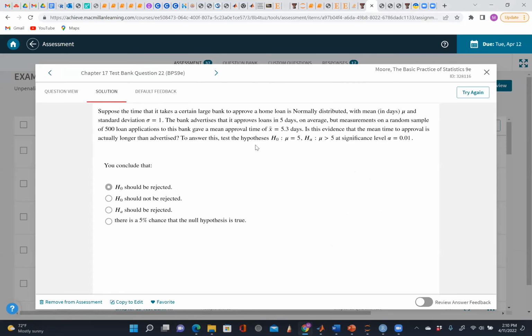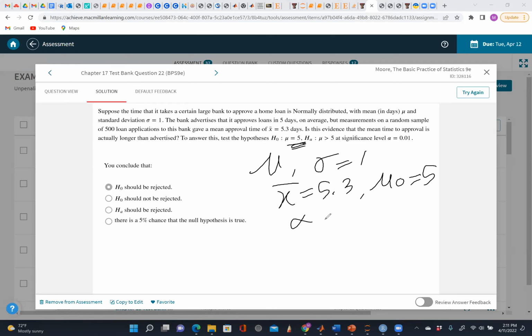Okay, let me look at the next one. Suppose the time that it takes a certain large bank to approve a home loan is normally distributed, with mean mu and standard deviation sigma equal to 1. Here we are given that X bar is 5.3, mu 0 is 5, which is the hypothesis value, and alpha is equal to 0.01.